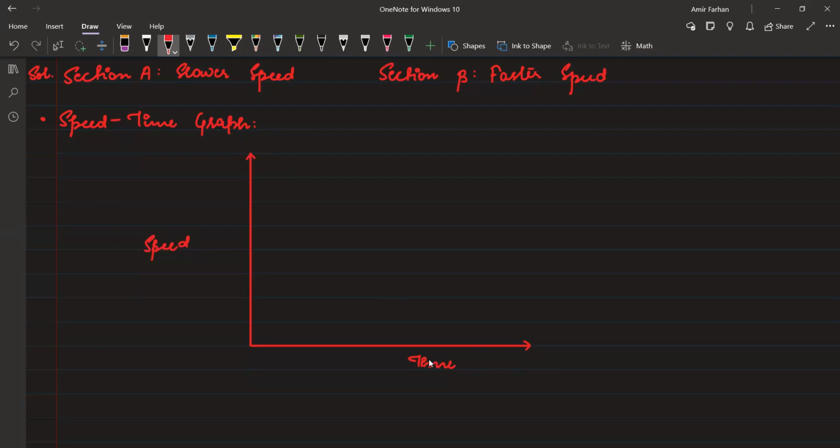So Ayaan, in the speed and time graph, if the object is in uniform motion, it means that it is traveling uniformly.